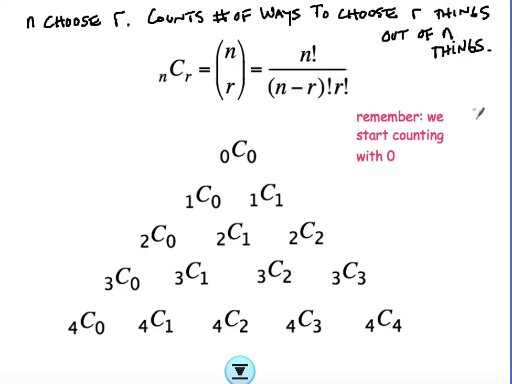So this is actually related to Pascal's triangle, and I'll show you that in just a moment, but it's also related to probability. N choose r counts the number of ways to choose r things out of n things.